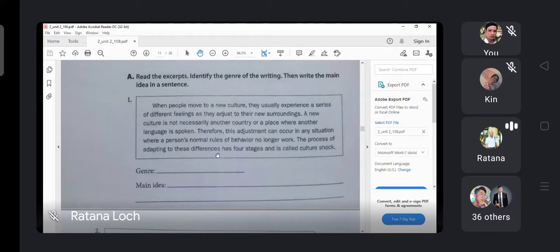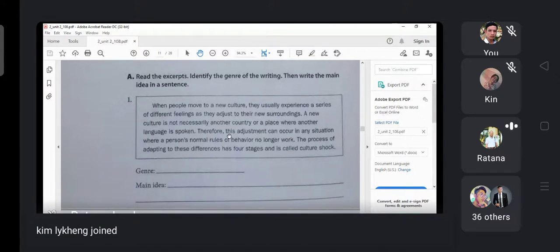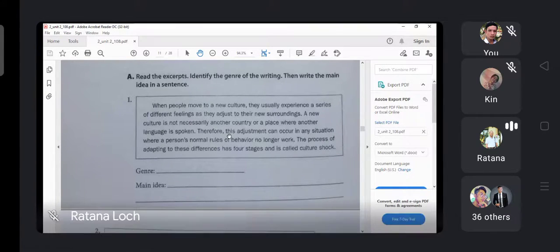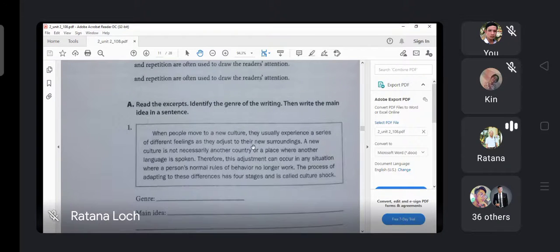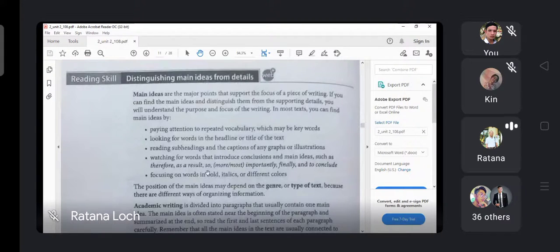I think that's okay. You just look at the contents and you use this technique. We have 5 techniques to identify the main ideas of the text. So you depend on you. Someone might be looking for words in the headline, or someone may be focusing on words in bold.